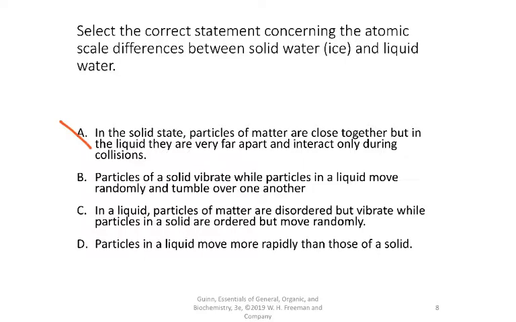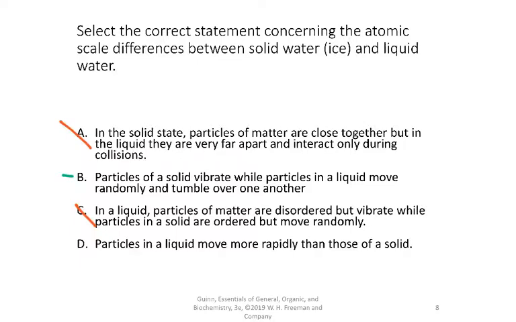B, particles of a solid vibrate, while particles of a liquid move randomly and tumble over one another. That sounds pretty good. I'm going to hold on to that one. C, in a liquid, particles of matter are disordered but vibrate, while particles in a solid are ordered but move randomly. No, particles in a solid do not move randomly. And they vibrate, actually.